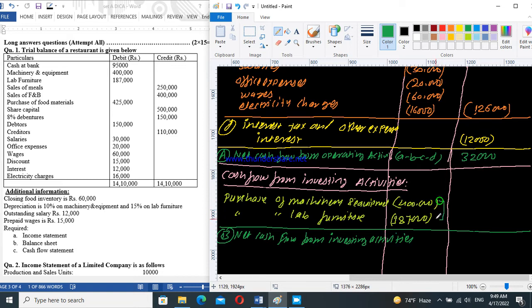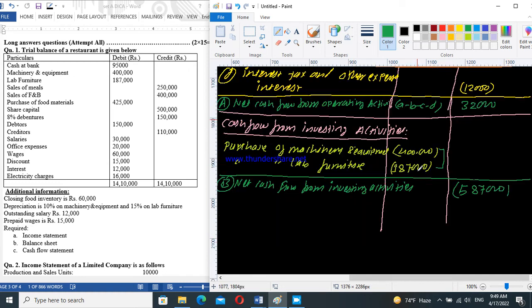Investing activities total 5,87,000. Okay, this is the negative value. And move on to the next section, financing activities. Okay, cash flow from financing activities.